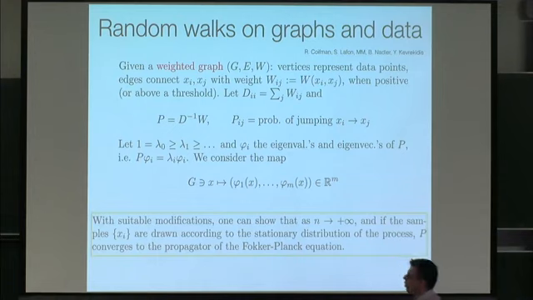As you collect more and more points, so as n goes to infinity, the random walk that we're constructing here converges in a suitable weak sense to the generator of the Fokker-Planck equation that we talked about. And so the eigenvalues and the eigenvectors converge to the eigenvalues and eigenvectors that we wanted in order to approximate solutions of the Fokker-Planck equation.